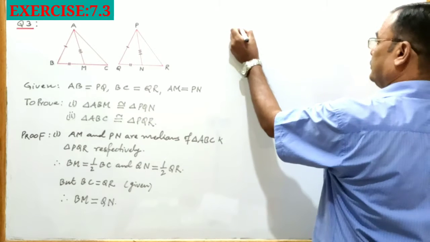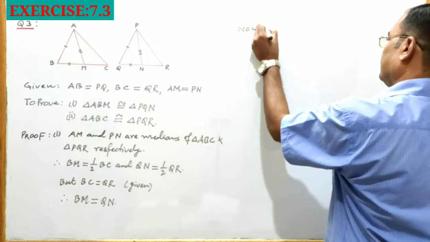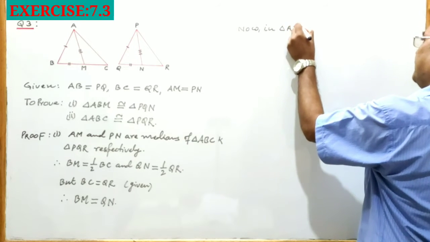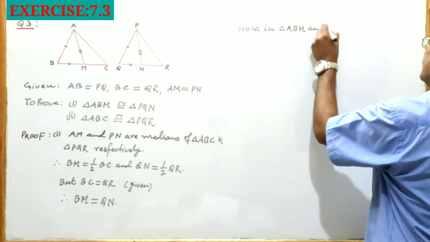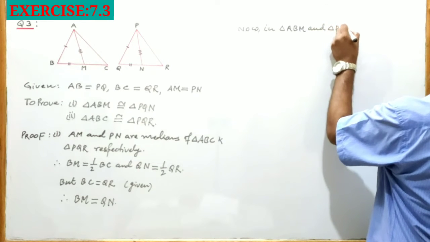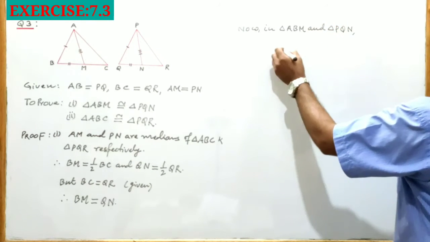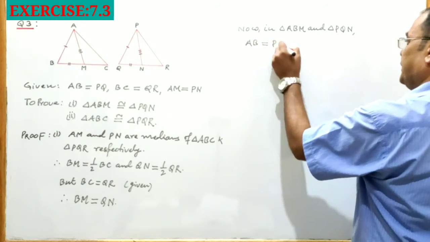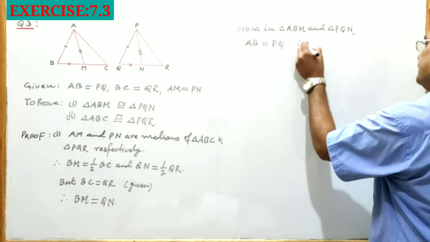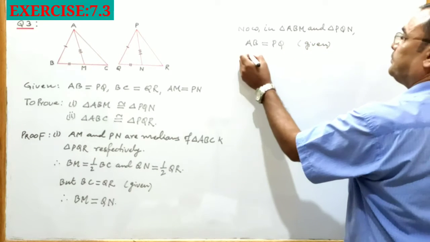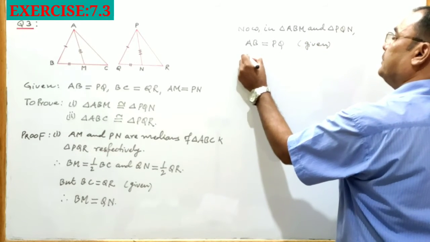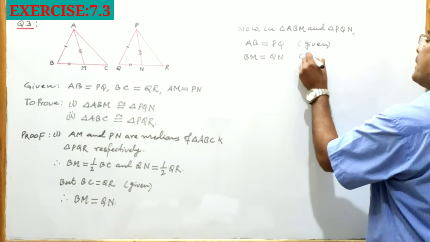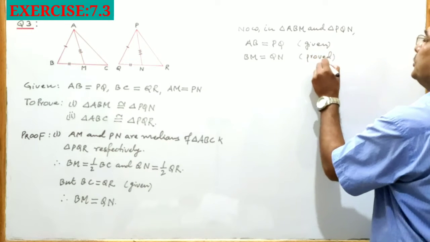Now, in triangle ABM and triangle PQN, AB is equal to PQ, given. BM is equal to QN, proved.